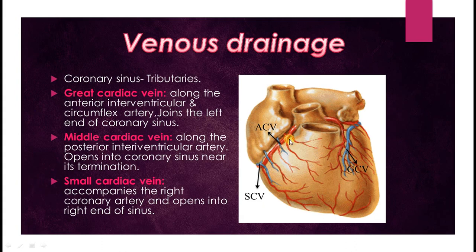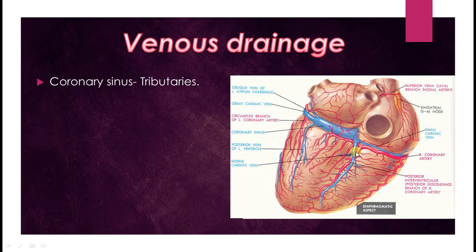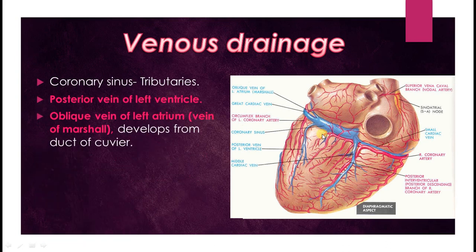The small cardiac vein also receives the right marginal vein. The great cardiac vein receives the left marginal vein. The other tributaries are the posterior vein of the left ventricle.